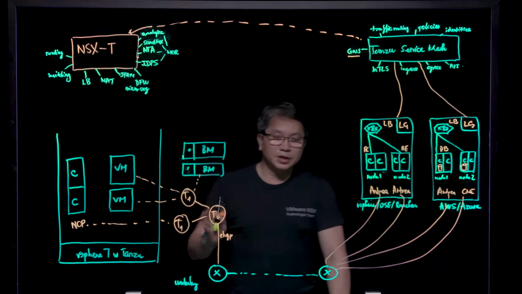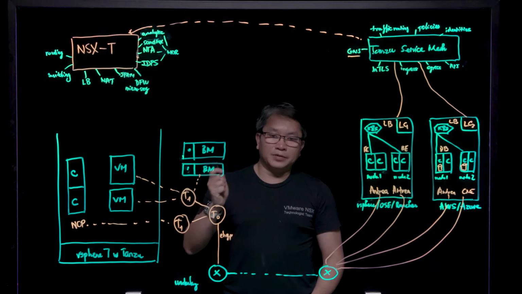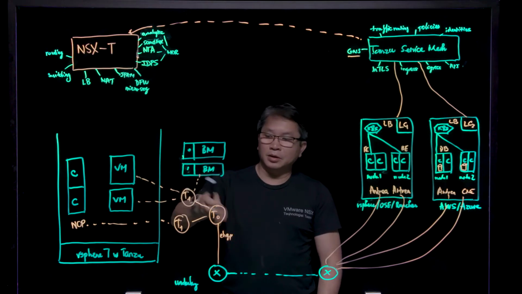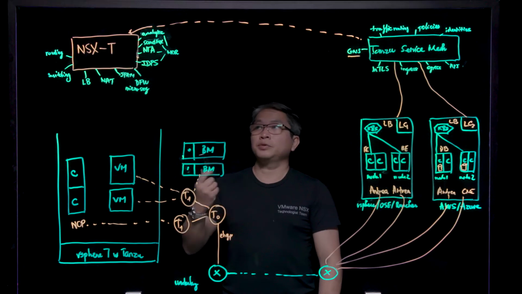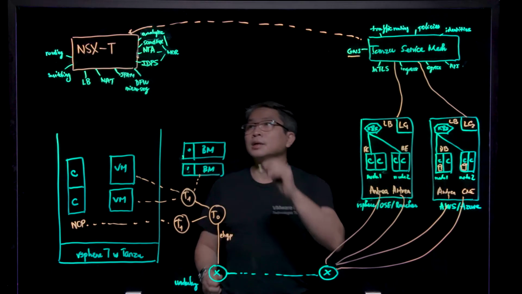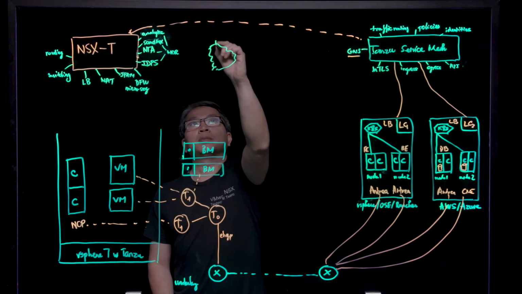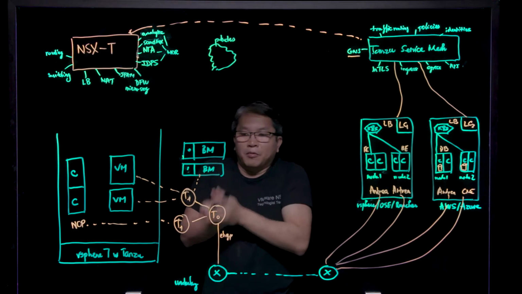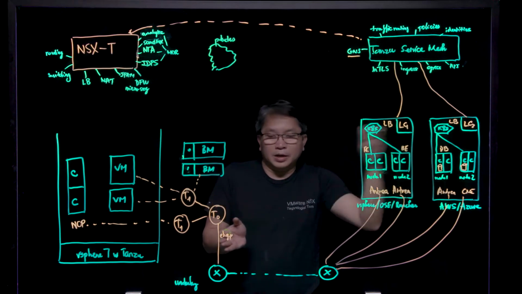So there are three major things we want to walk you through. First, how you apply a single pane of glass for network policy across virtual machine, container, and bare metal, running on-prem, in the cloud, or in different types of environments. So you create a policy in NSX, in this case NSX-T. The network policy allows web to talk with app, app to talk to DB, or front end to talk with back end to talk with database.